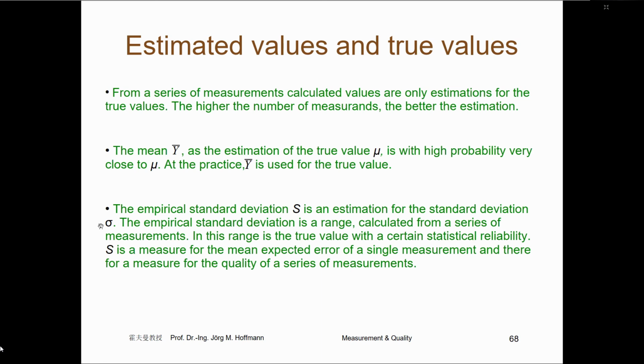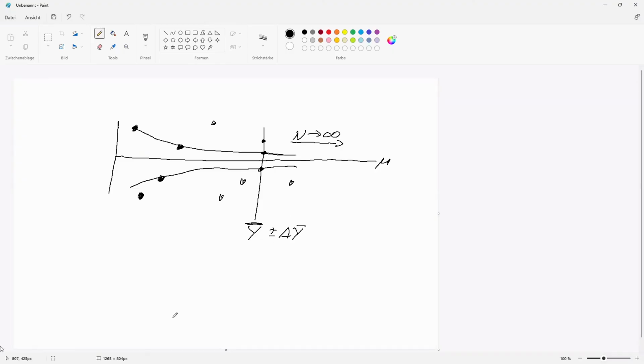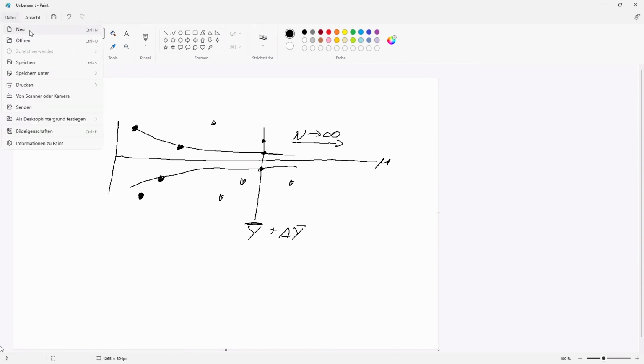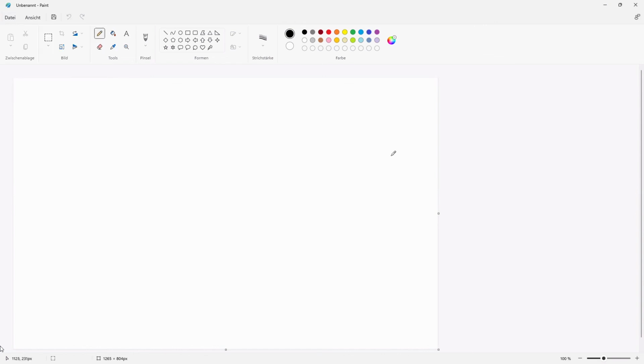You see, when I go to my drawing, when you calculate the standard deviation, you have these changing values.